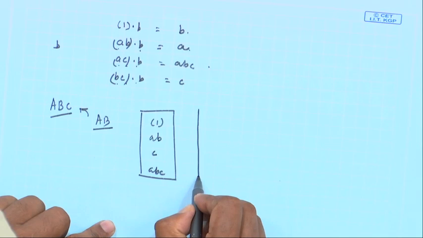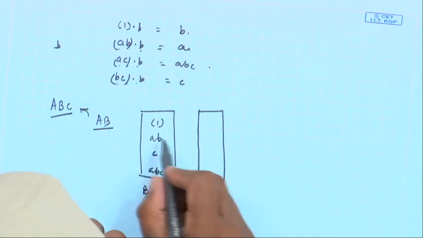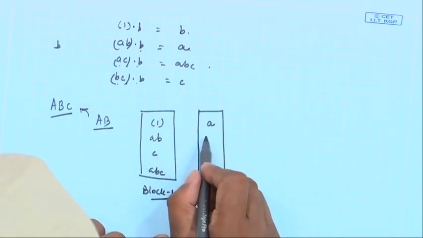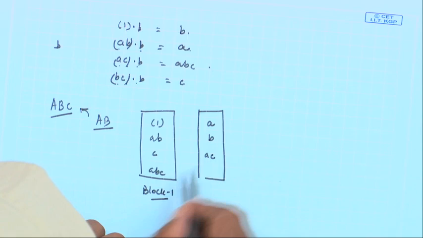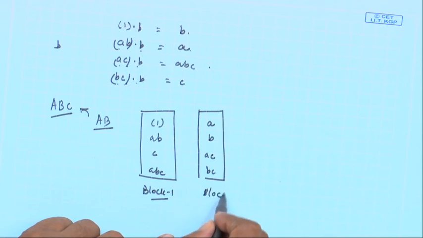So what will be the other block? Let this be block 1. For the other block, you multiply with A, then this will be A, this will be B, this will be AC, then this will be BC. You see, this will go to block 2.